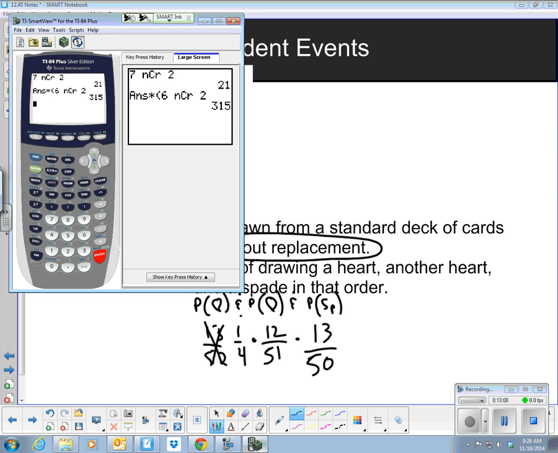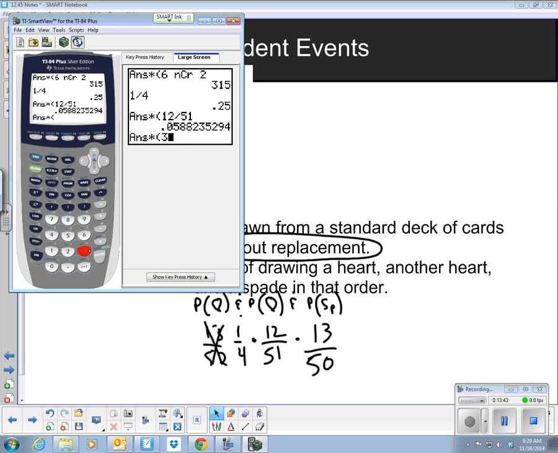So I want to take 1 divided by 4 times 12 divided by 51 times 13 divided by 50.